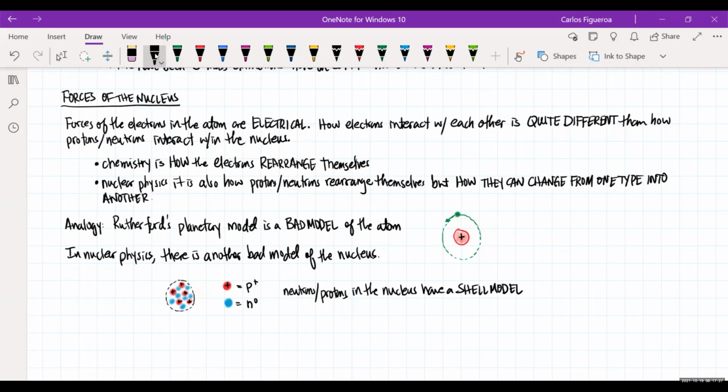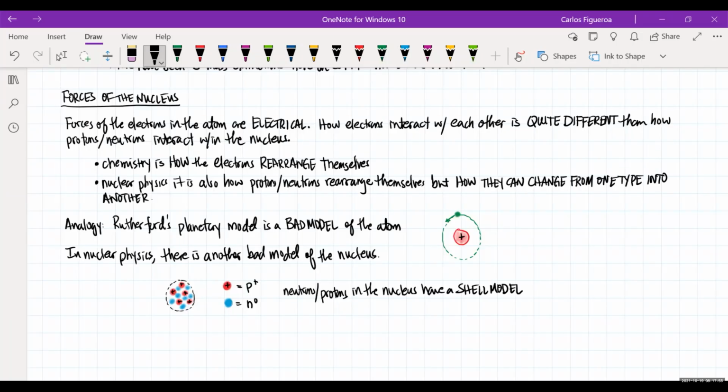And this model's more complicated than it was for electrons. Furthermore, these neutrons and protons can change into each other. As a consequence, just having this picture like this doesn't do it any justice. But that's what we got to deal with for right now. We could still learn a lot about it, and we will. So let's keep moving on here.